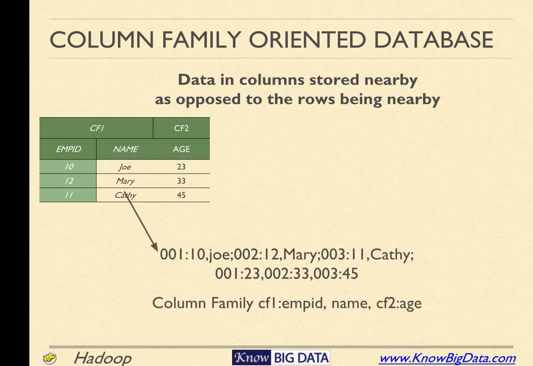A column family is basically a group of columns, and it is a column family oriented database, meaning the data in a column family is stored together. First on the disk, column family one's data will be there, then column family two's data. Instead of column oriented, this database is column family oriented.